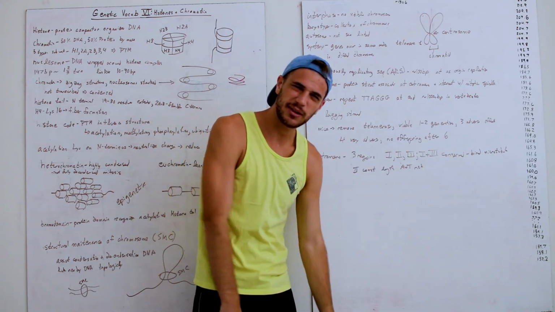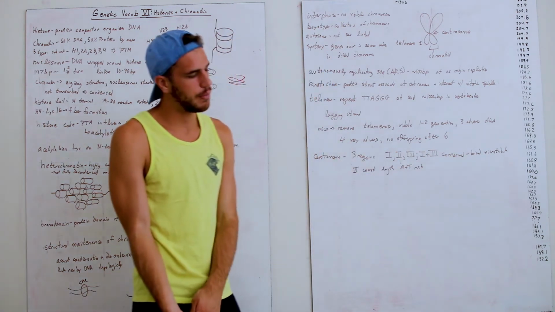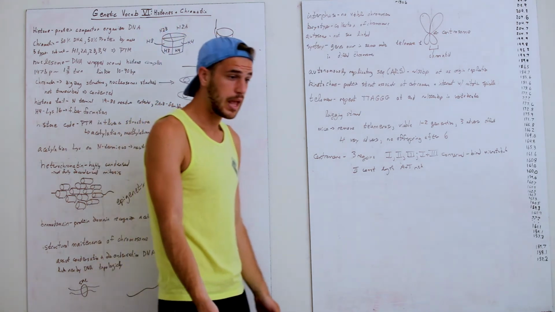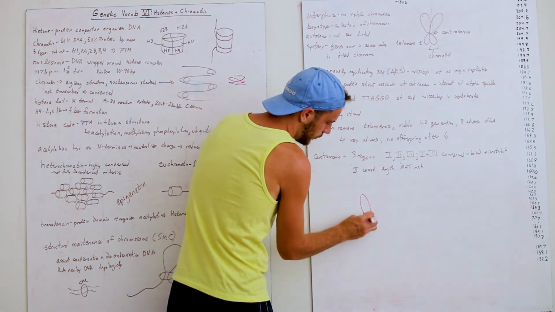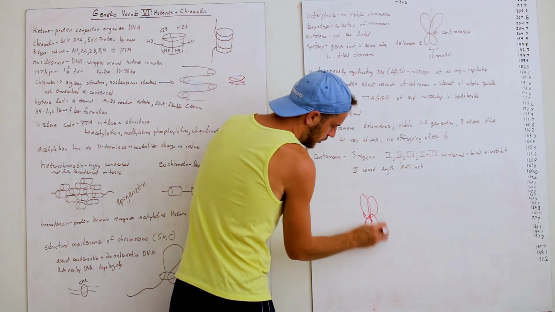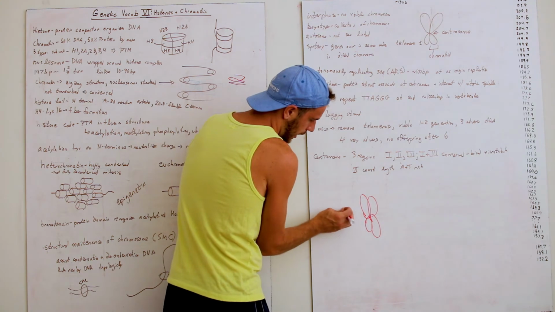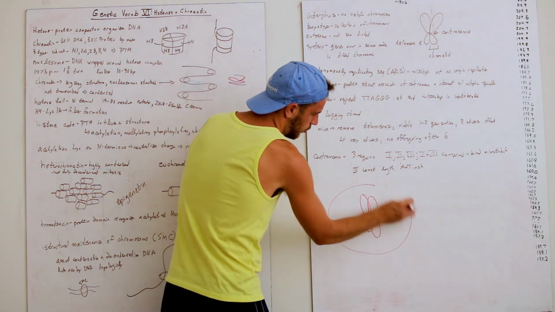So what the heck is a microtubule, man? A microtubule in the mitotic cycle, so you've got a chromosome, and we have our cell.